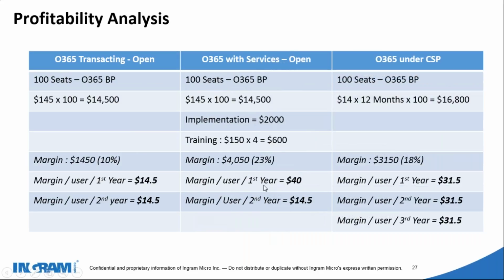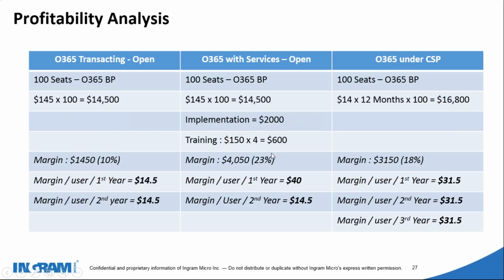And how does this translate to a profitability analysis? Let's look at three different scenarios. The first one is you as a partner selling Business Premium under open, 100 seats. This is just a sample price, just an example. At 100 licenses with no services, you will get X margin, let's say a 10% margin.